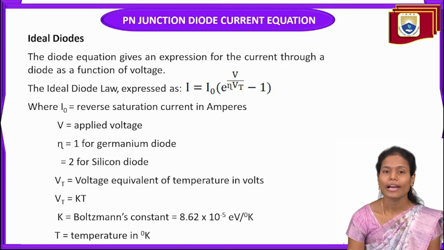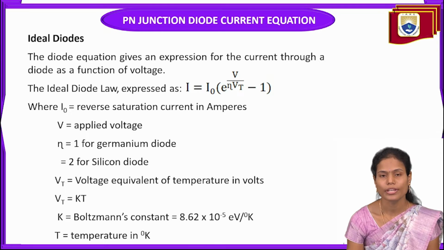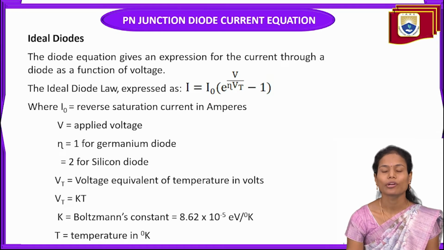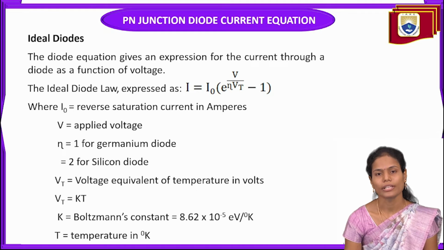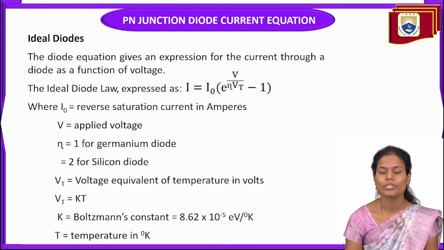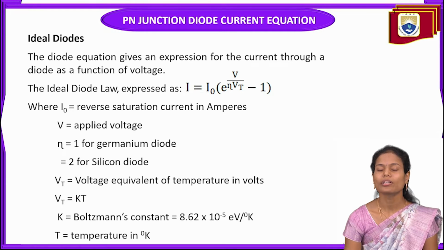So in order to calculate the dynamic resistance of the diode, we need to note the diode current equation here. See, static resistance we are calculating at one particular point of the VI characteristics, but the dynamic resistance is varying here. So in order to see that variation, how much it is showing, we can calculate it from the diode current equation.